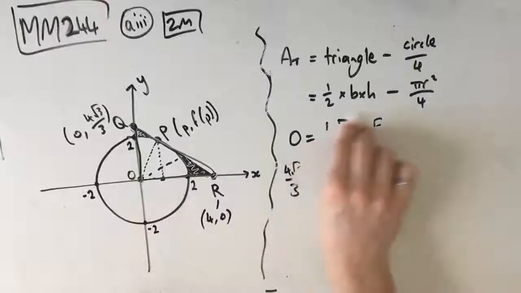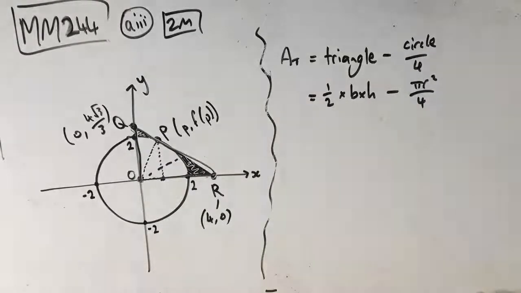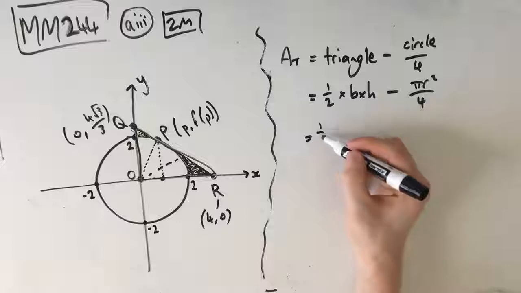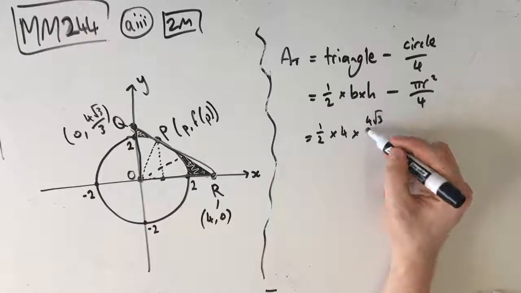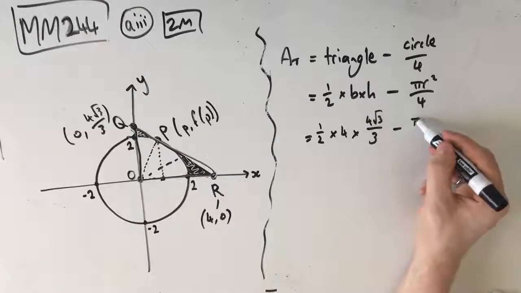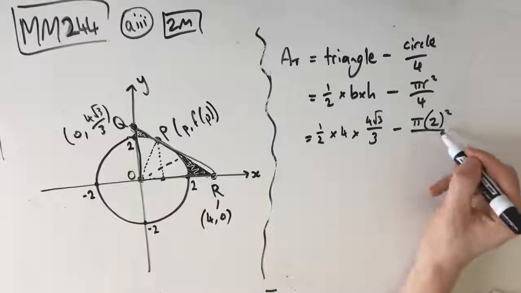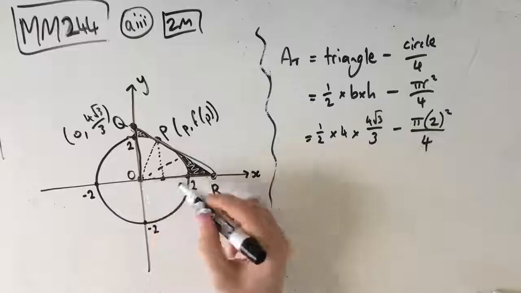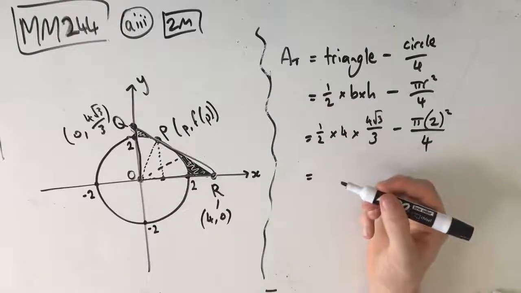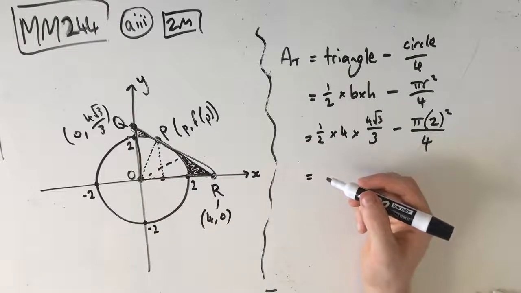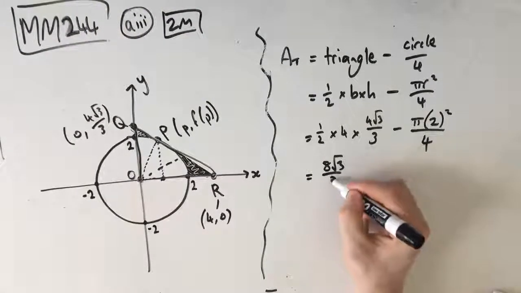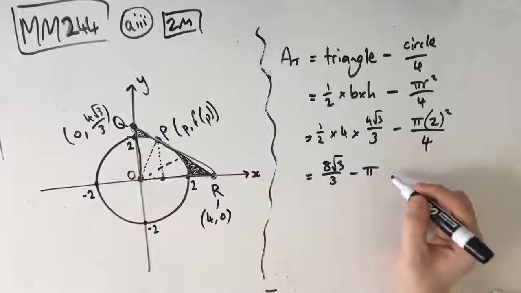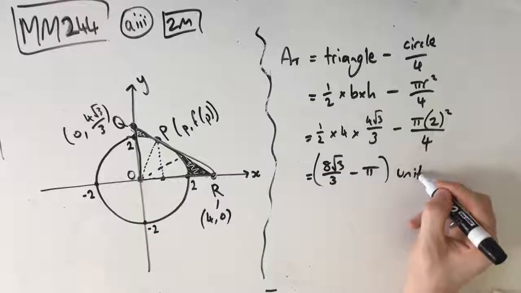So we know that our base is 4 and our height is 4 root 3 over 3, which means that we're going to get 1/2 times 4 times 4 root 3 over 3 minus pi times 2 squared over 4. Right, so our radius is 2, and our base and height are these numbers here. So then from there we get 8 root 3 over 3 minus pi units squared.